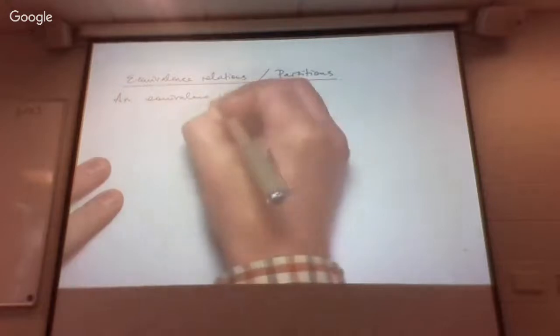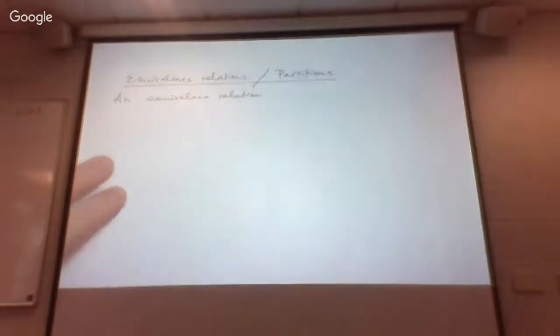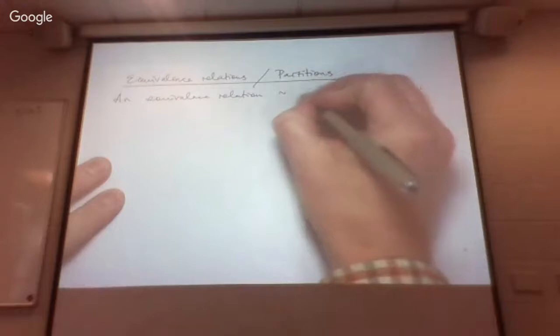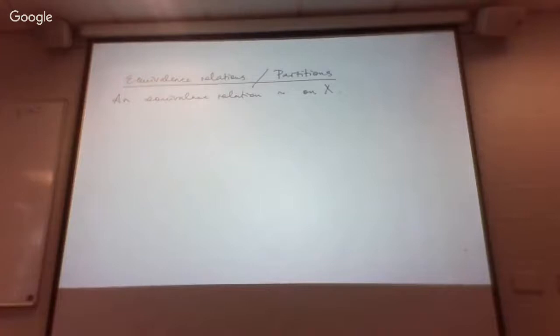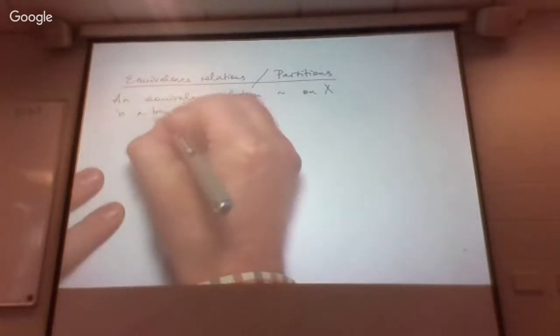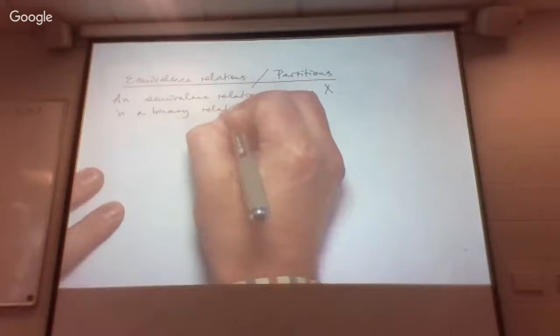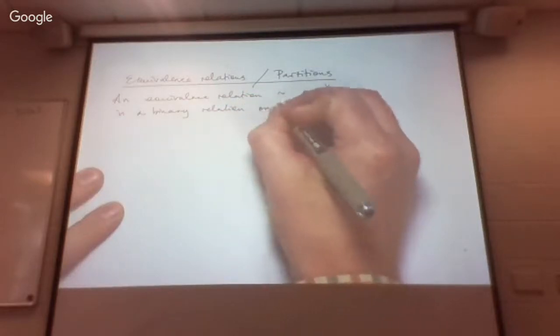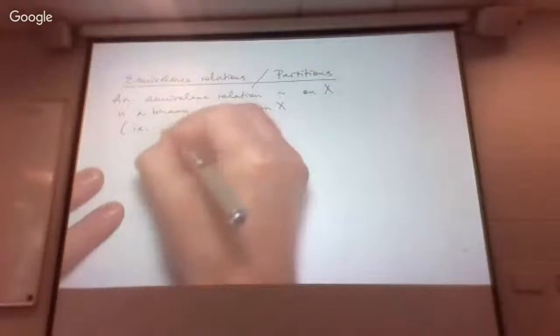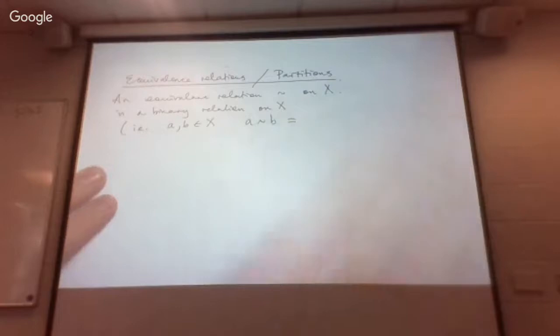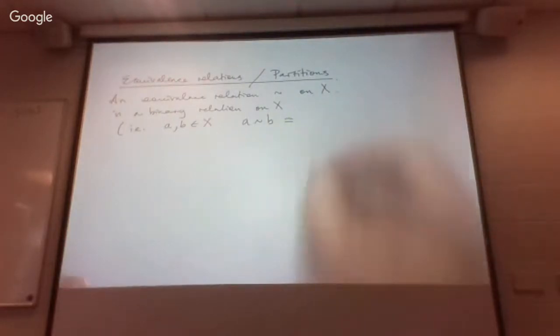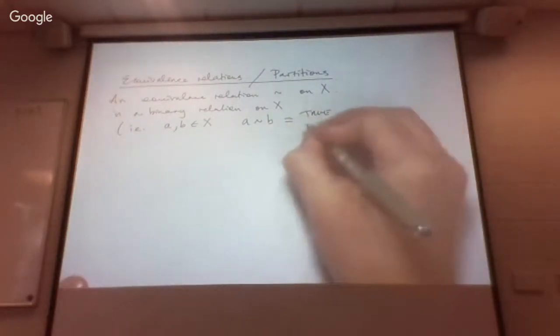Now you met equivalence relations last year in your decision maths unit, but an equivalence relation tilde on any set X, so we'll just talk a bit generally now, then we'll apply it to our congruence relation. An equivalence relation is a binary relation on X. So if you're given two elements A and B from the set X, A tilde B is a statement, so it is either true or false.